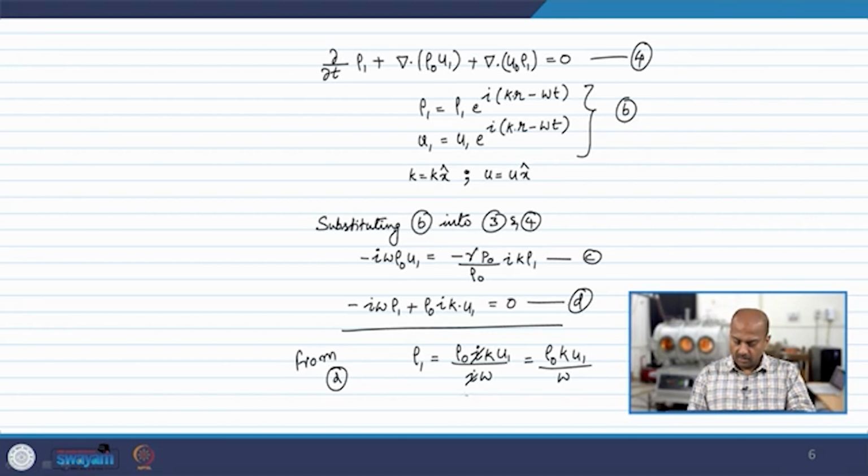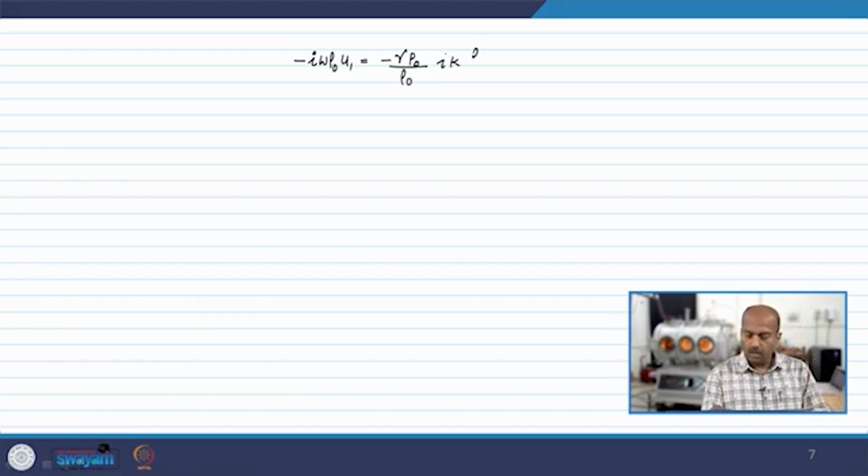We can use this for ρ1 in equation number C. What we can write is −iω ρ0 u1 equals −γ P0/ρ0 times i k ρ0 k u1/ω.